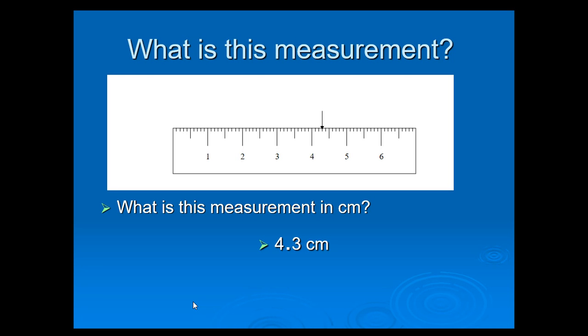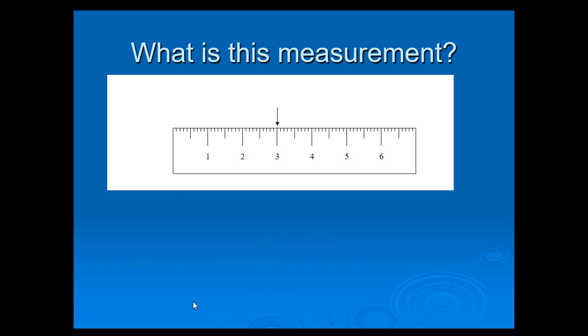If you did, you got the answer right. Now, we want the answer in millimeters. How would we write this in millimeters? Remember, in millimeters, we're counting by ones. Did you get 43 millimeters? If you did, you're on the right track, going in the right direction.